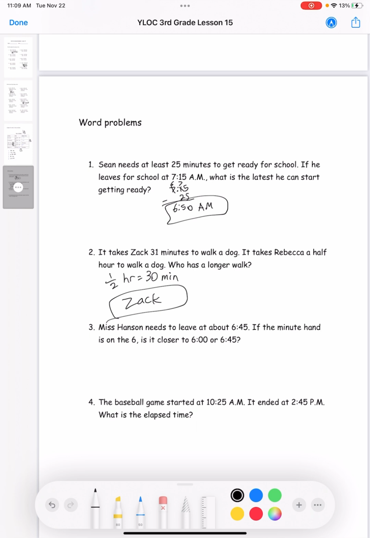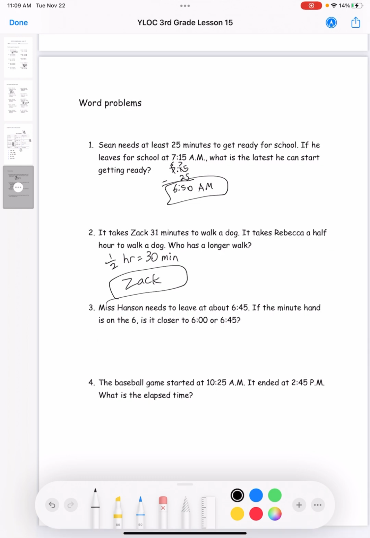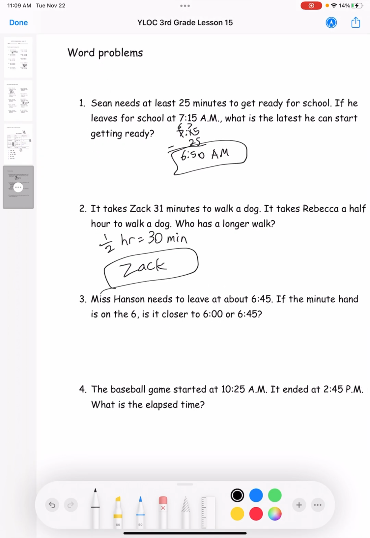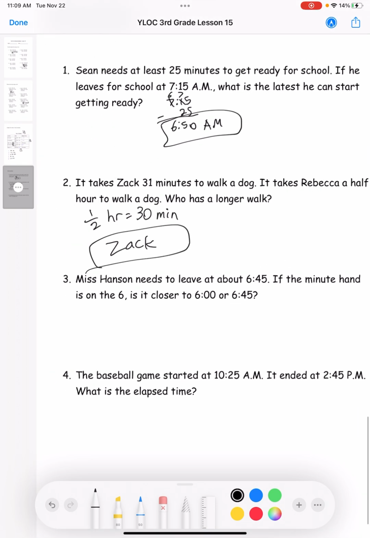For number 3, Miss Hanson needs to leave at about 6:45. If the minute hand is on 6, is it closer to 6 o'clock or 6:45? So this one is a little tricky. So if we look at a clock, we have 1, 2, 3, 4, 5, 6, 7, 8, 9, 10, 11, 12.